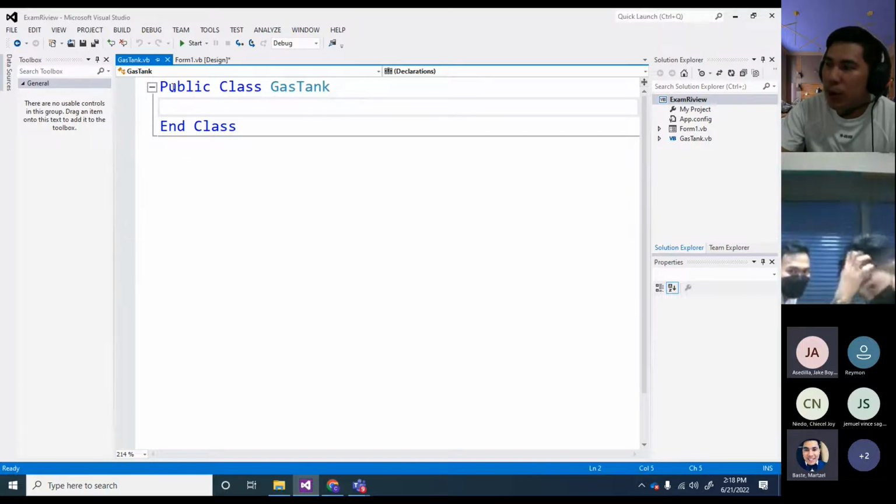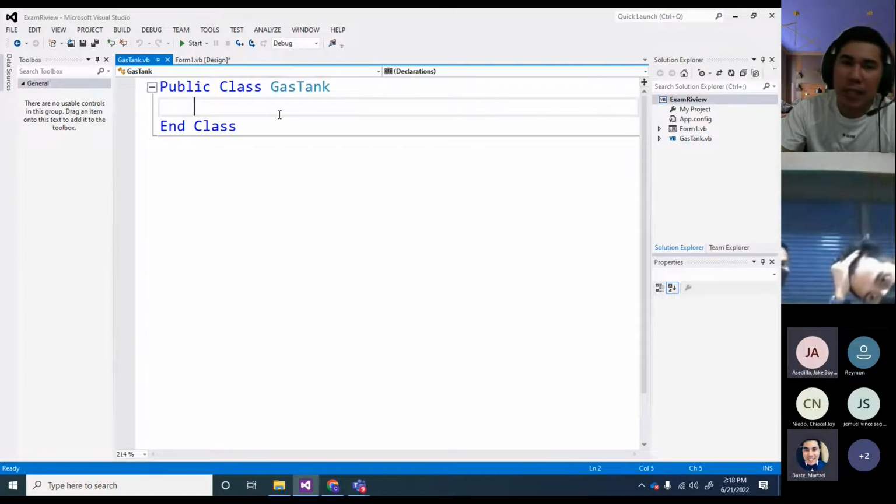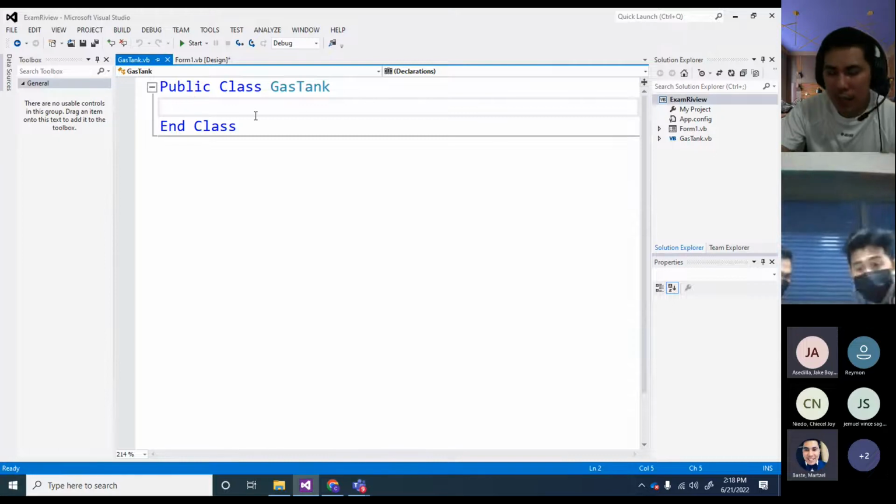If we are going to implement encapsulation here, all the data members inside this encapsulated class should be private, in the sense that the object cannot be simply accessed from outside of your class.